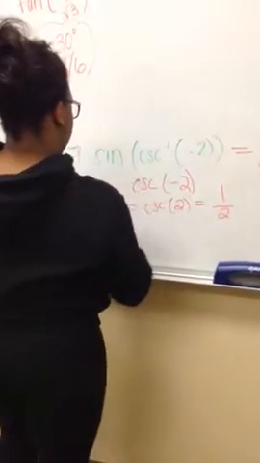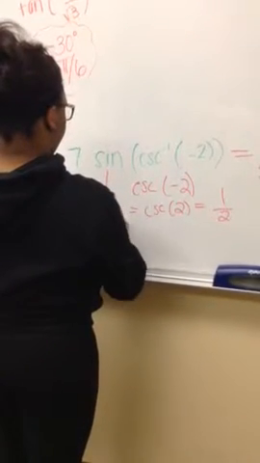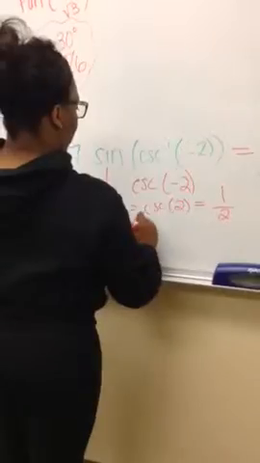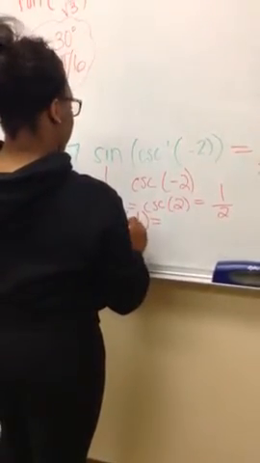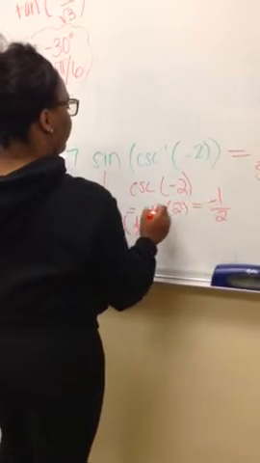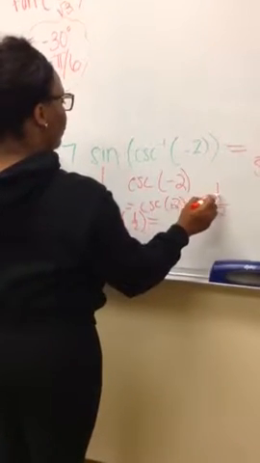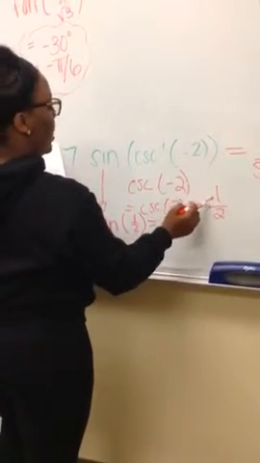Okay, and then you will take this part down here, sine of 1/2 equals negative 1/2, because it stripped the negative back in there. Negative, or the negative back from where the 2 was, so negative.